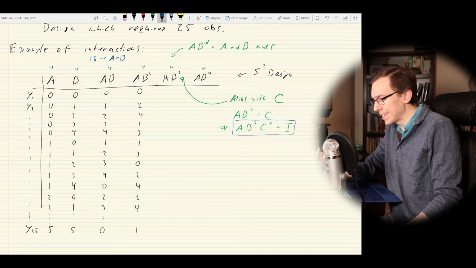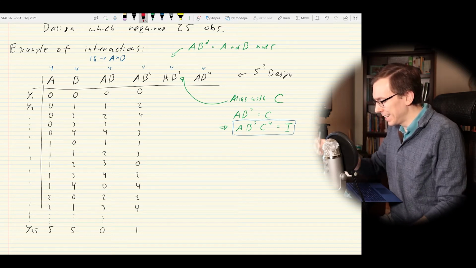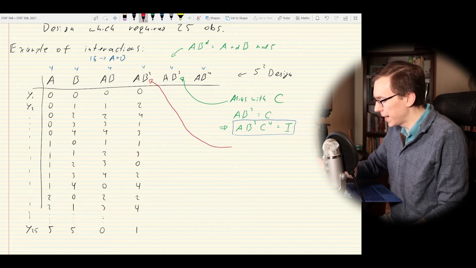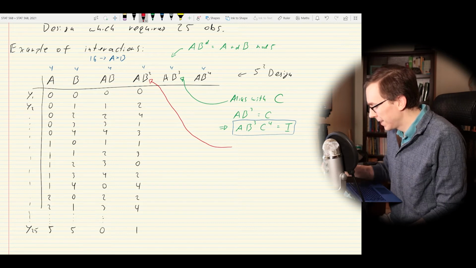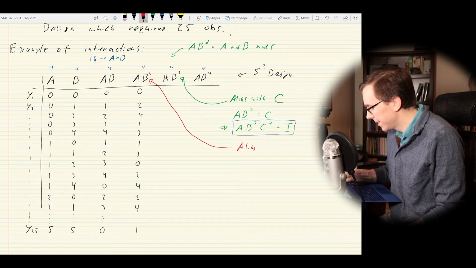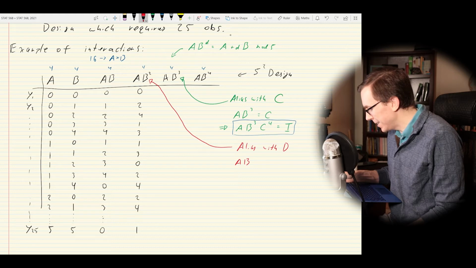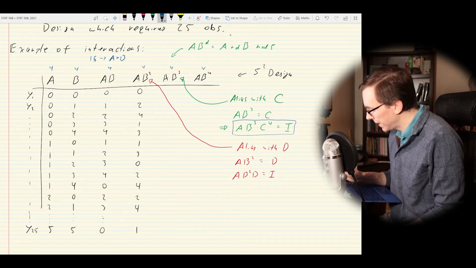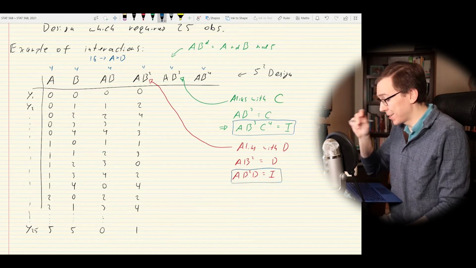But what I could also do is take another factor D, say, and alias it with another two-way interaction. So I could alias this with D, and what I end up with is that AB squared is equal to D. If I again rearrange the equation, I end up with something like AB squared D is equal to I. And I have another relation for my defining contrast subgroup.